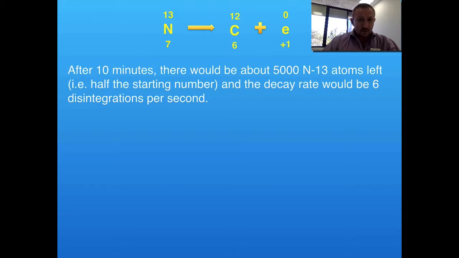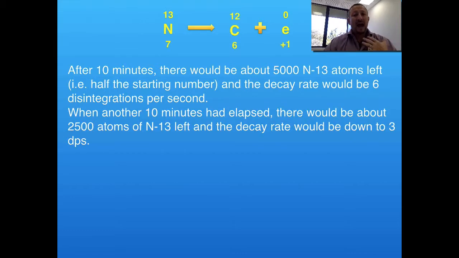After another 10 minutes has elapsed, we'd have 2,500 atoms, which is half of what we had after the first 10 minutes. So we go from 10,000 to 5,000 in 10 minutes, and then from 5,000 to 2,500 in 10 minutes.